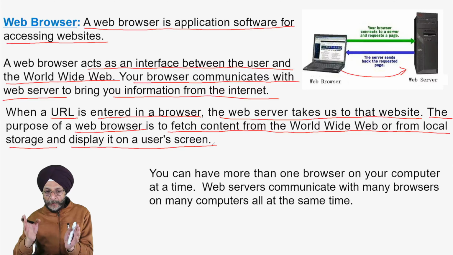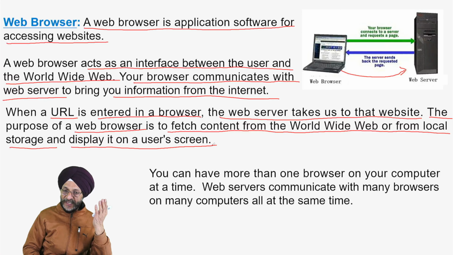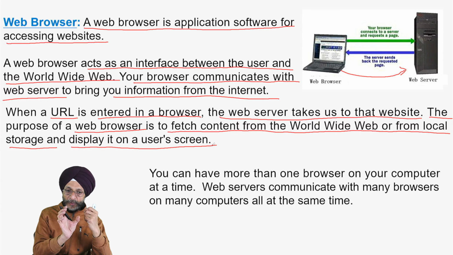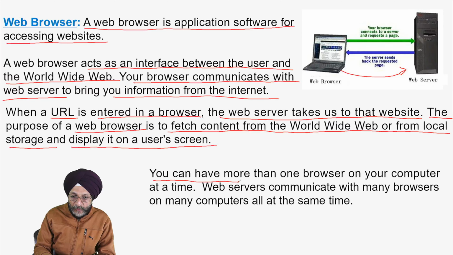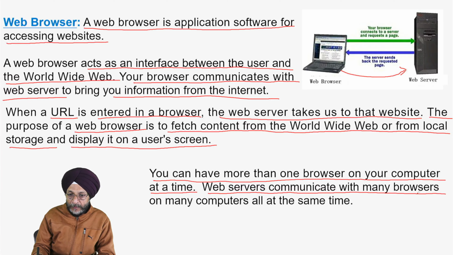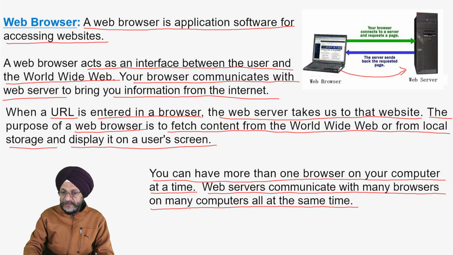Whenever you open the computer, you have to enter some address on the left hand upper side, and that particular address which you have to enter is called web address. You can have more than one browser on your computer at a time. Web servers communicate with many browsers on many computers all at the same time. It means that suppose one web browser has made a request to the web server.